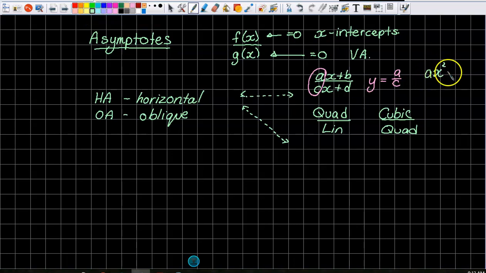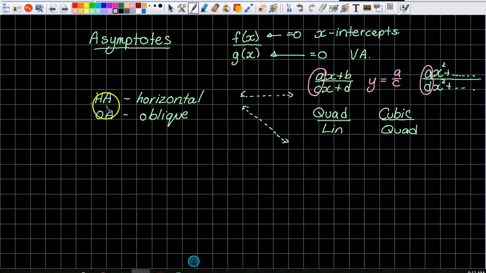So if I had ax squared plus bx plus c all over, what comes after c? D. dx squared plus la la la, then your horizontal asymptote will be y equals a on d. They're pretty easy to find. However, to write them nicely, they're going to ask you to do division to find those beautifully, okay?